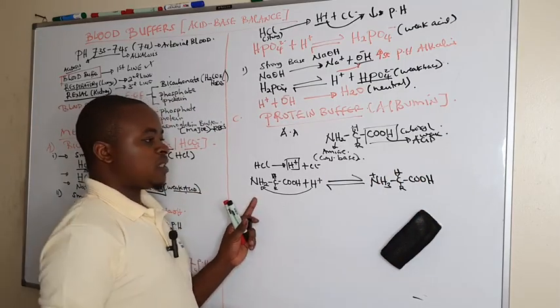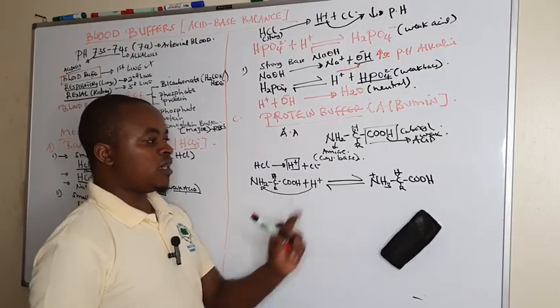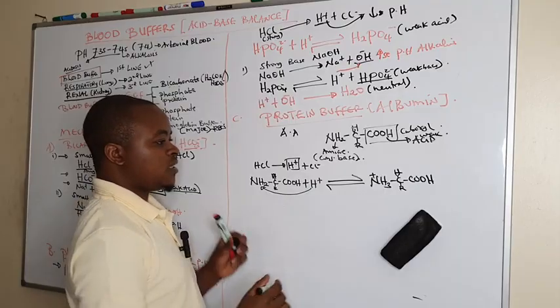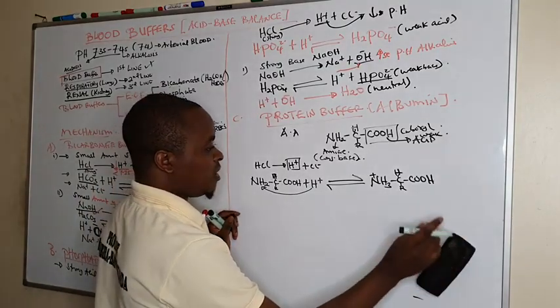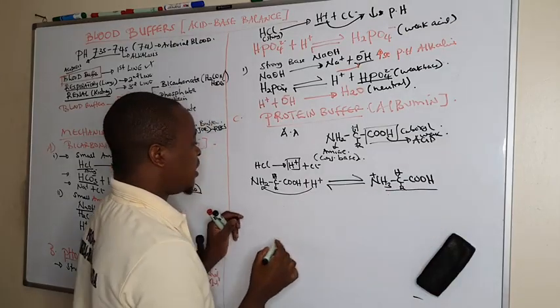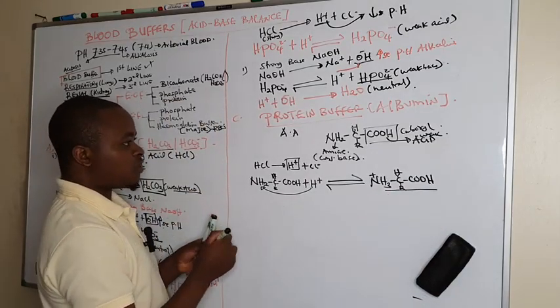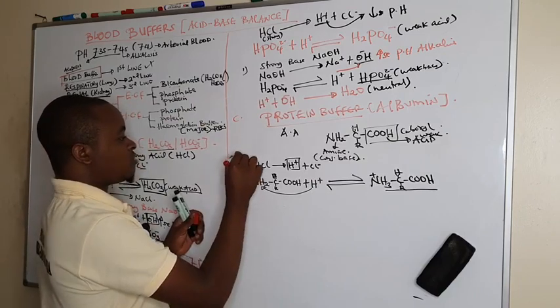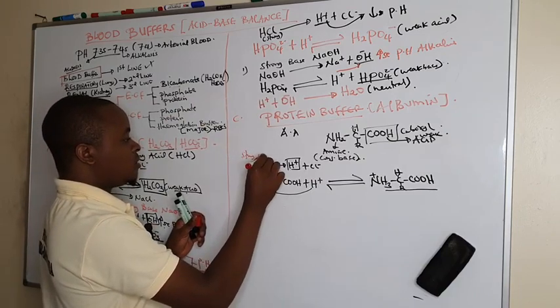So this is how it is buffered, hence forming this weak base, weak acid, which will maintain the pH at a relatively constant level.